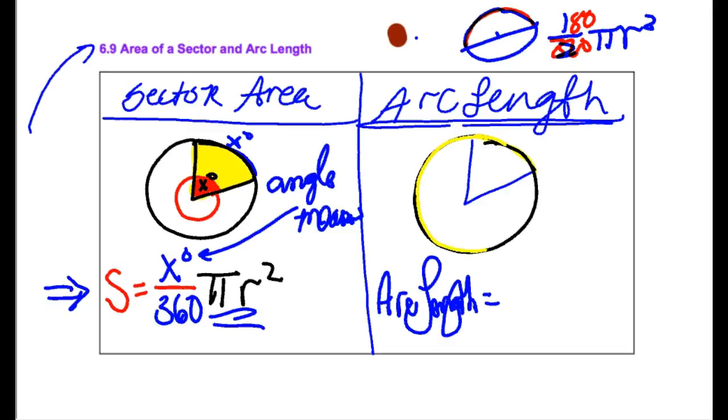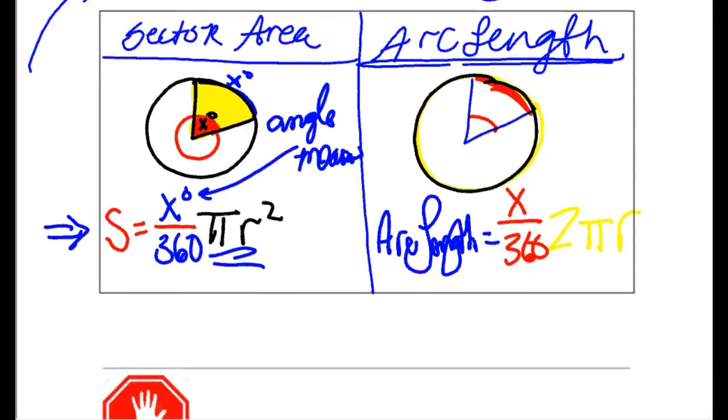So if I went all the way around the circle, that would be 2 pi r. But I don't want to go all the way around the circle. I just want to go part of it. I just want to get this little crust piece over here. And that's some piece of the whole circle. So it's a piece of 2 pi r. Kind of cool, right?